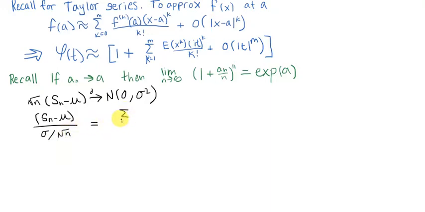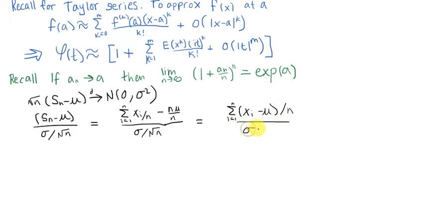This is equal to the sum i equals 1 to n xi over n minus n mu over n, over sigma over square root n, which is equal to the sum i equals 1 to n of xi minus mu over n, over sigma square root n, which is equal to 1 over square root n times the sum i equals 1 to n of xi minus mu over sigma.